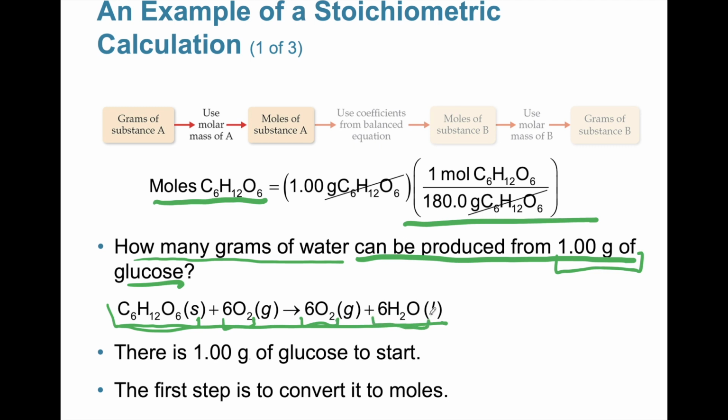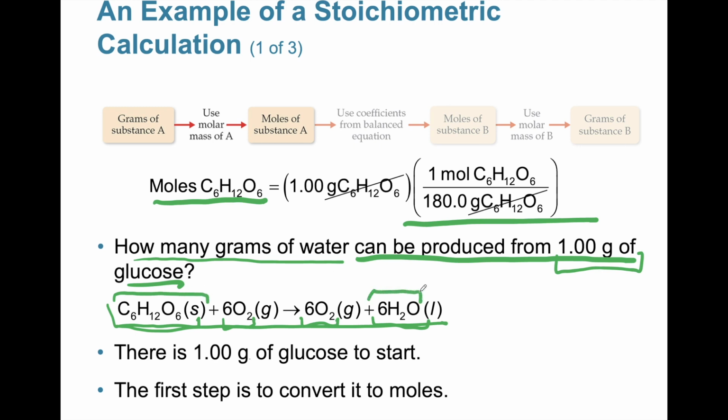I won't ever make anything that difficult for you when you're doing these, but just remember that the first thing you have to do is always write out the balanced chemical equation, because the molar ratio you're looking for here is the 1 mole of glucose to the 6 moles of water.